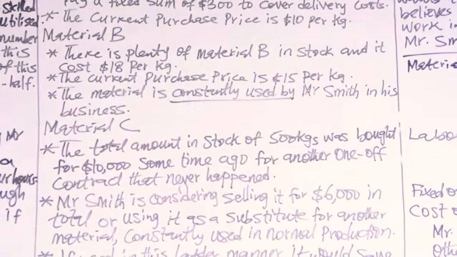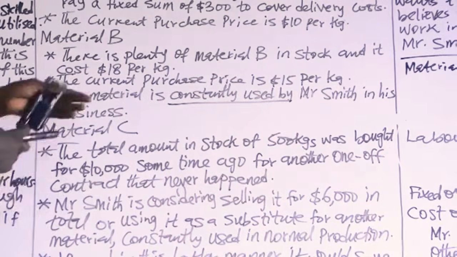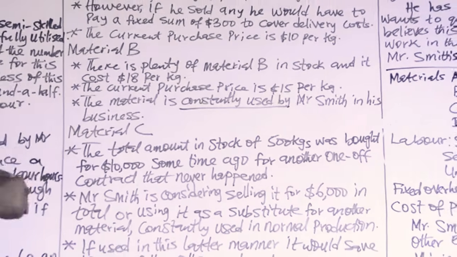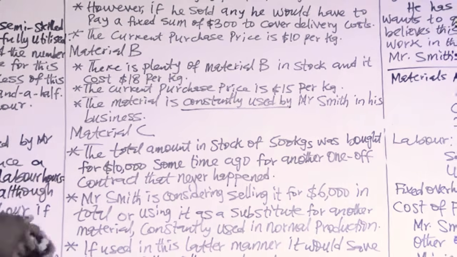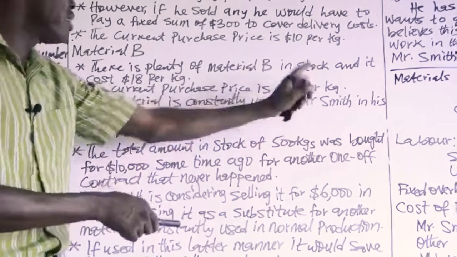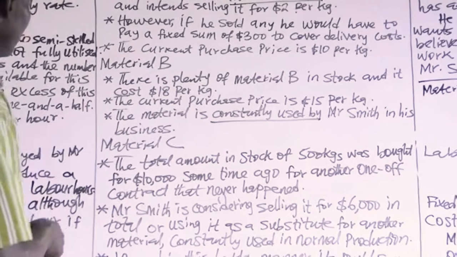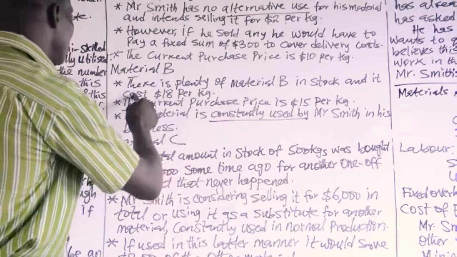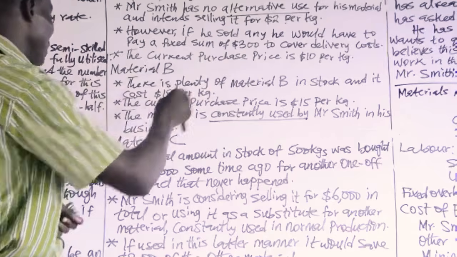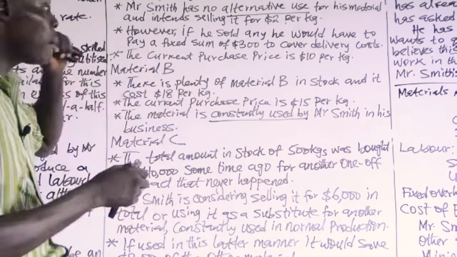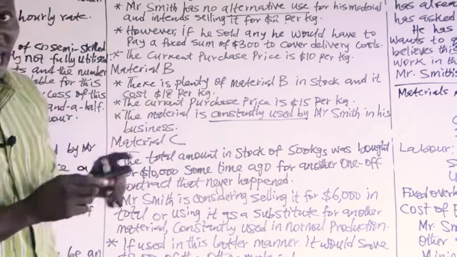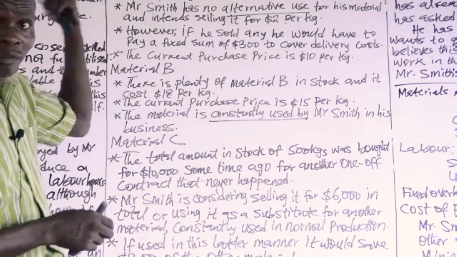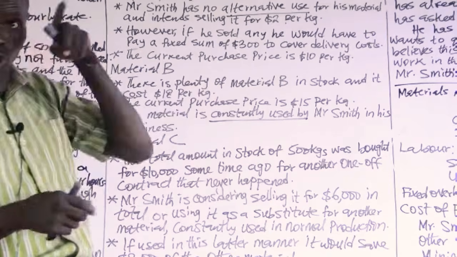The use of the words "constantly used" shows that if the ones in stock are exhausted, there will be need for you to buy another one. Therefore, the current replacement price will be the relevant cost of material B. The one you have in stock was bought for $18, but since it was bought sometime in the past, that purchase price is a sunk cost.